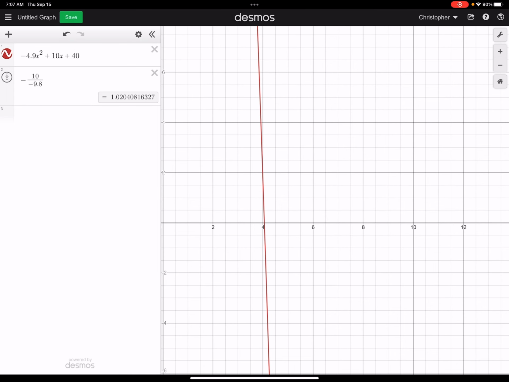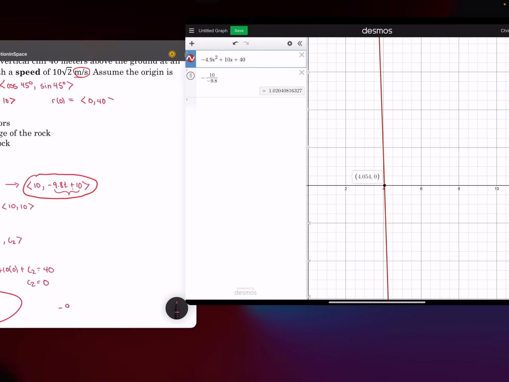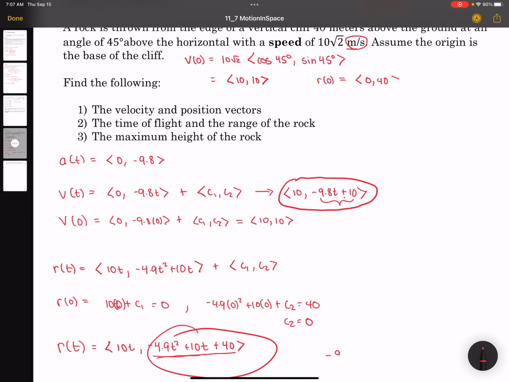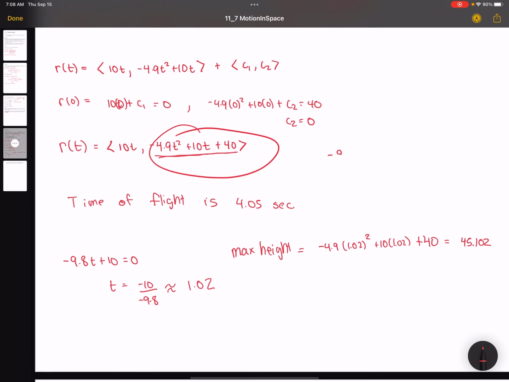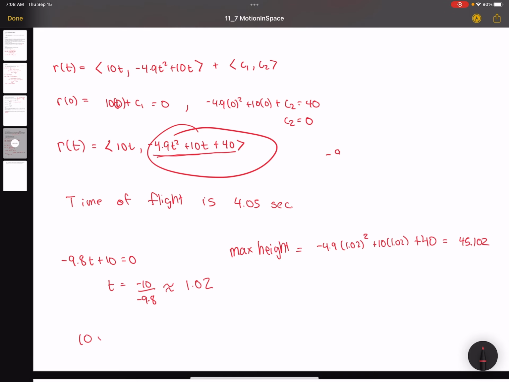It was 4.054, and so our x component is going to be 10 times that value. So 10 times 4.054 is roughly going to equal 40.54 meters. All right, so that's our video on motion in space. We'll do this in 3 dimensions in class. It's just calculus again and initial value conditions.